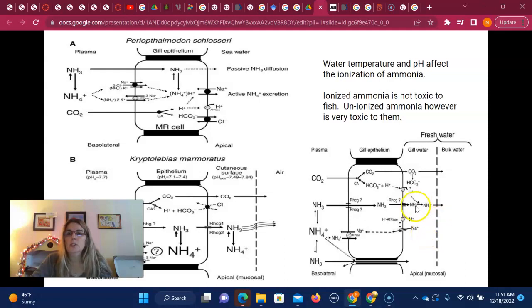So there's quite a few different processes happening there with this exchange of the hydrogen in the gill epithelium with those ATPase.